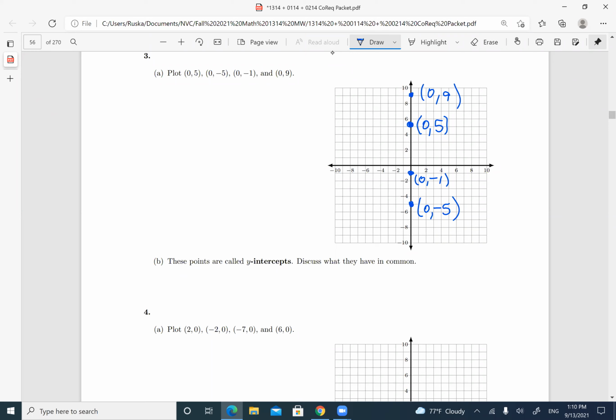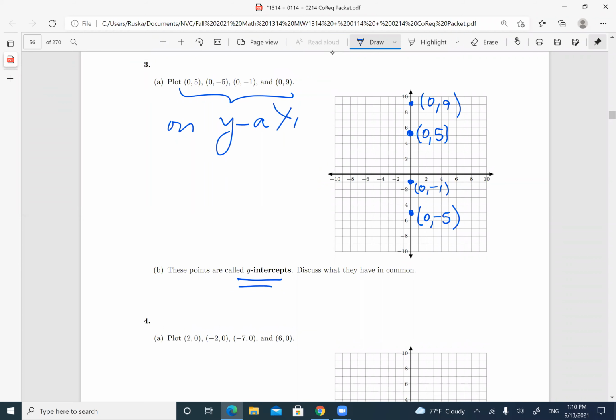You see that? Actually, you have to discuss that, but these points are also called the y-intercepts because they're on the y-axis. They're not in the first quadrant, they're not in the second or third or fourth, they're on the y-axis. So all the points on the y-axis are called y-intercepts.